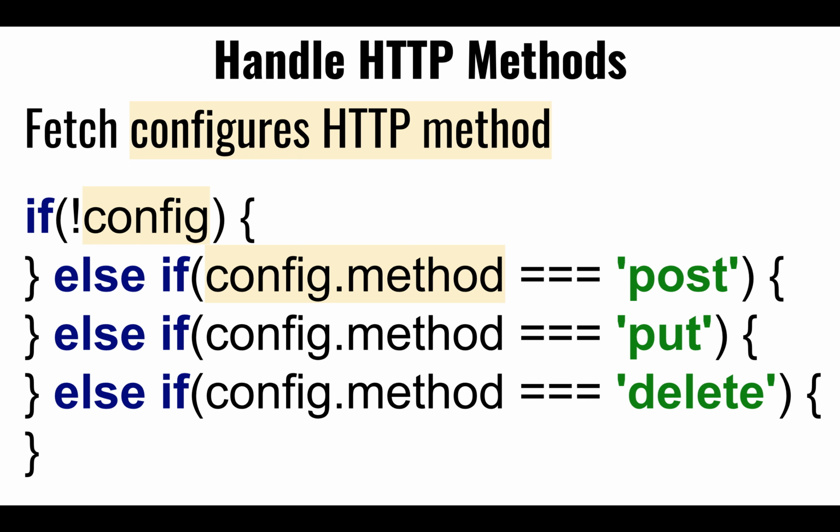We're not going to go out to a database or server at all. And then all the else ifs here check to see if the config is a post, a put, or a delete. For every one of these options, we would like to provide different mock data based on what the URLs might be. So first we'll look at the config, and then we look at the URL.